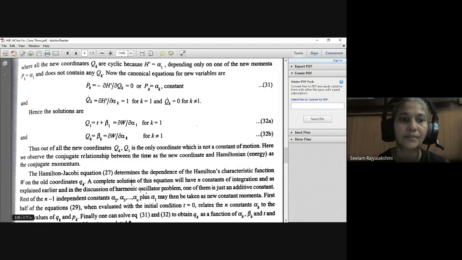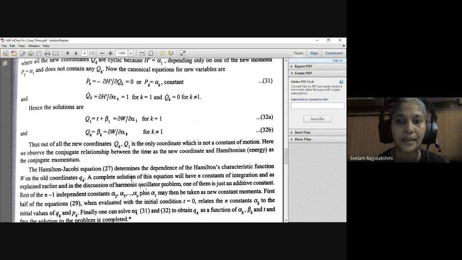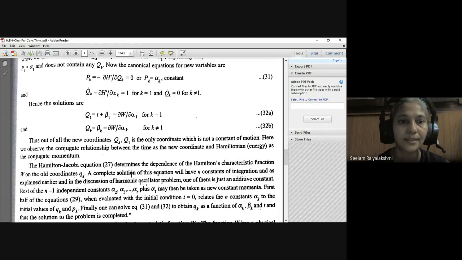The first half of equation 29, when evaluated with the initial condition t = 0, relates the n constants αk to the initial values of qk and pk. Finally, one can solve equations 31 and 32 to obtain qk as a function of αk, βk and t, and thus the solution to the problem is completed.